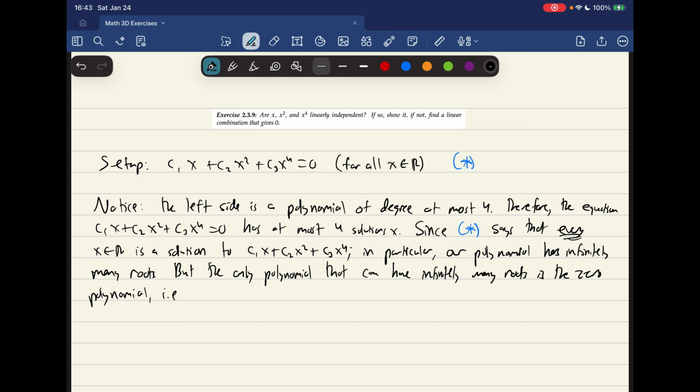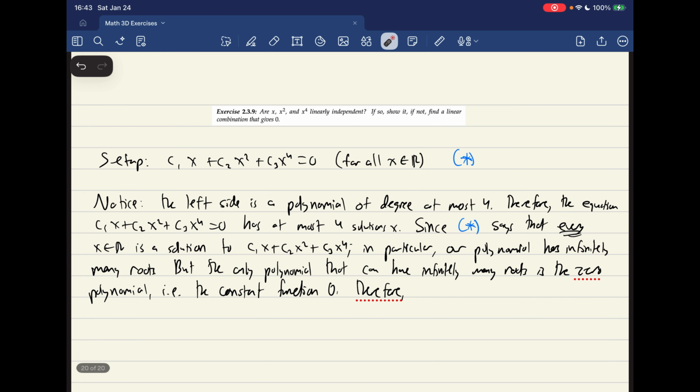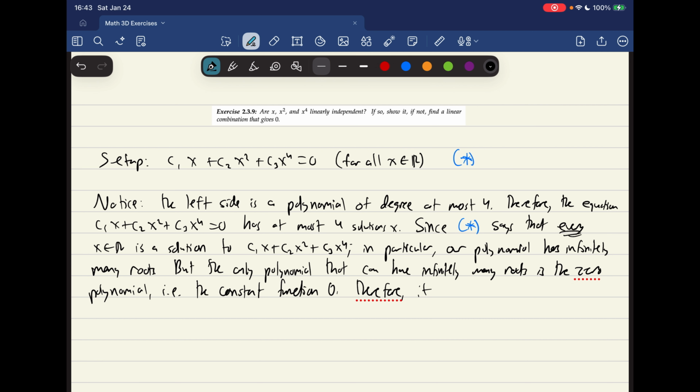In other words, the constant function 0. Therefore, it must be the case that each of these coefficients is 0. And thus, our functions are linearly independent.